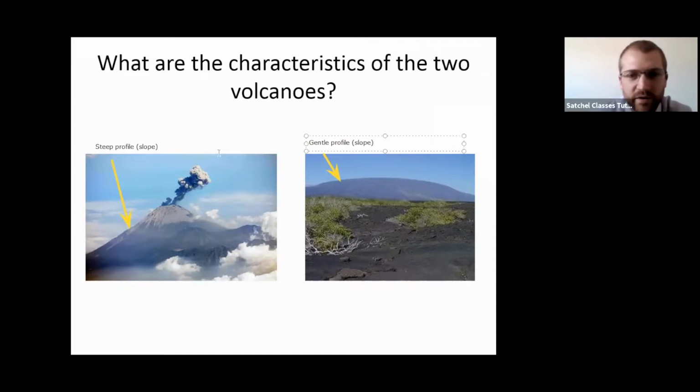What else can we notice? In terms of size, obviously this is a little bit harder, but it looks like the image on the left is zoomed out a little bit further than the image on the right.